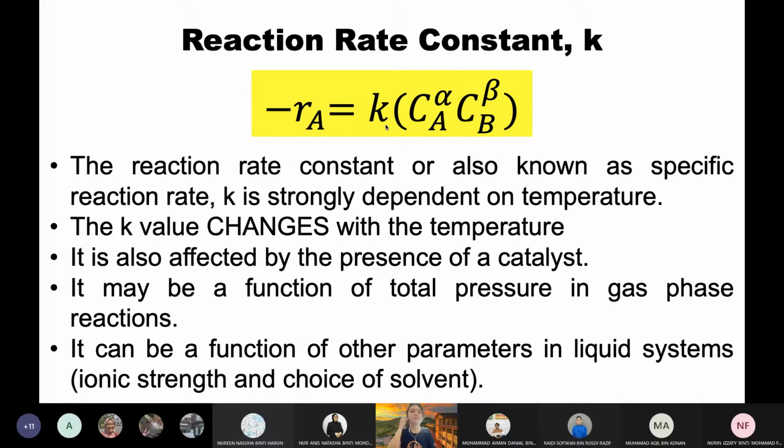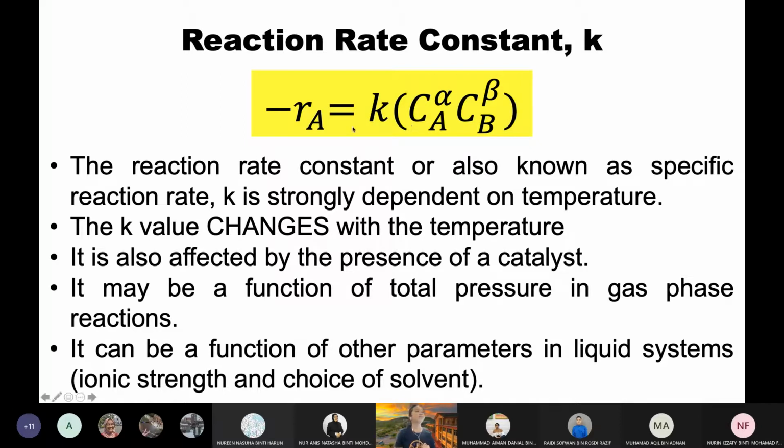Cara senang untuk kamu faham kenapa kadang-kadang certain tindak balas kita naikkan suhu. I will introduce you an equation yang will relate K with temperature. Nanti kamu akan tengok temperature akan menyebabkan nilai K naik. Means I increase temperature, K increases.